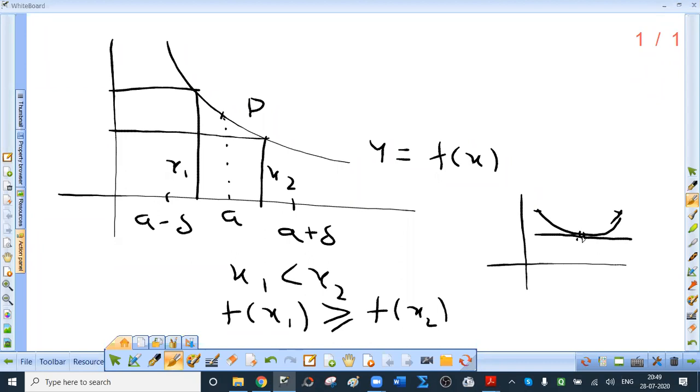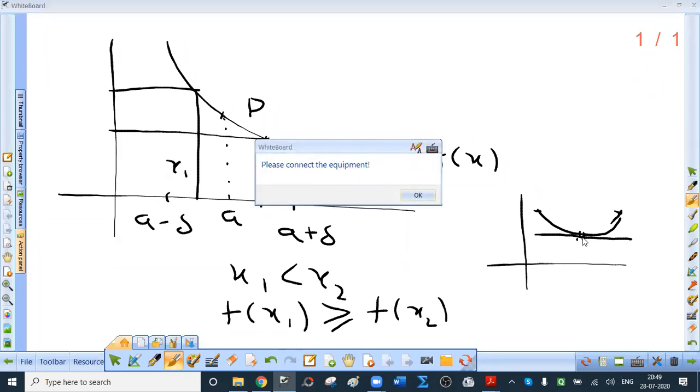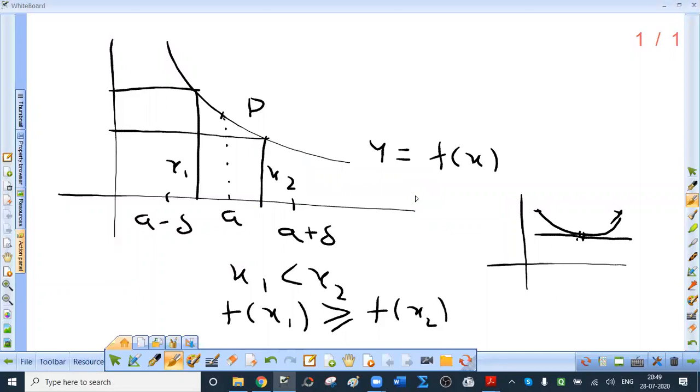So again, I will define decreasing function. A function f is said to be decreasing at x equal to a if there exists some neighborhood (a minus delta, a plus delta) of a, such that for any 2 points x1, x2 in this neighborhood, such that x1 less than x2, we have f of x1 greater than or equal to f of x2.